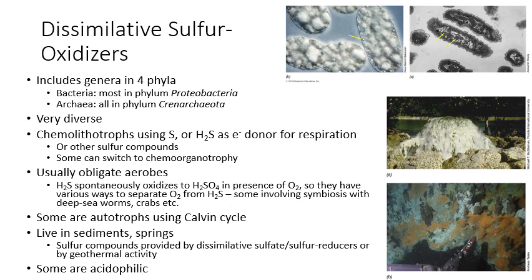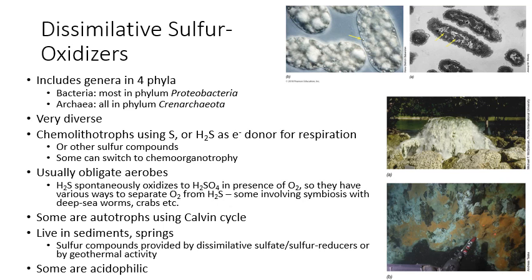They could also use other sulfur compounds like thiosulfates, and some of them can switch to chemoorganotrophy as well, which would mean that they can switch to using organic compounds as their electron donor. Usually they're obligate aerobes, which actually makes a problem for them because hydrogen sulfide, their preferred electron donor, will actually spontaneously oxidize in the presence of oxygen, which would mean that they're not able to harvest the electrons from that.